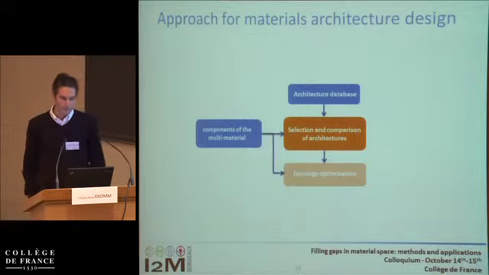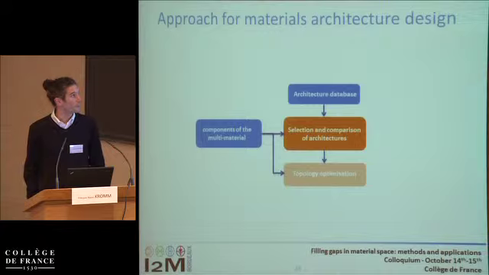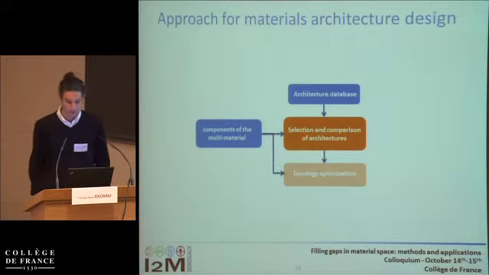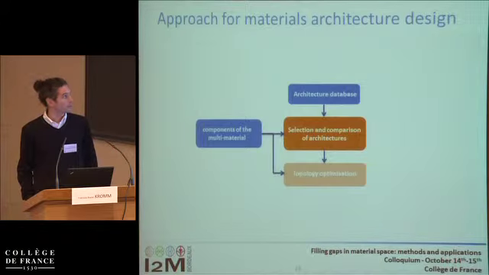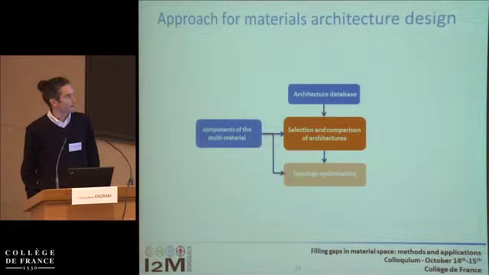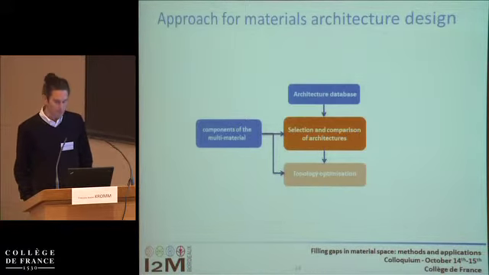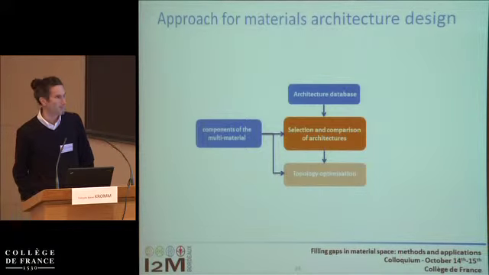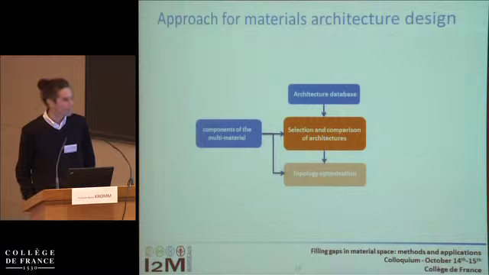Once this architecture database is built, we can proceed to the selection and comparison of architecture thanks to the component properties. This task is under development, and it will be interesting to compare very different architecture, as we saw in the illustration of the database.